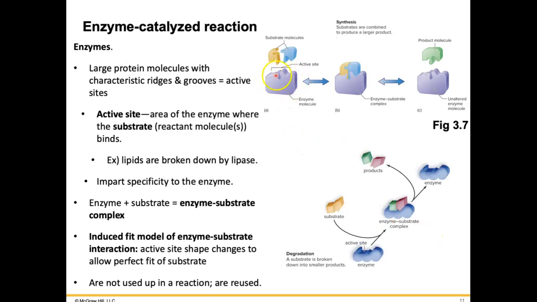Here's our enzyme, and you can see the ridges, crevices, and grooves we were talking about. This is where the active site is. We have our substrate molecules, and we want them to fit well into the enzyme. The enzyme along with the substrates creates an enzyme-substrate complex. After the reaction is complete, the enzyme dissociates, releasing the product.